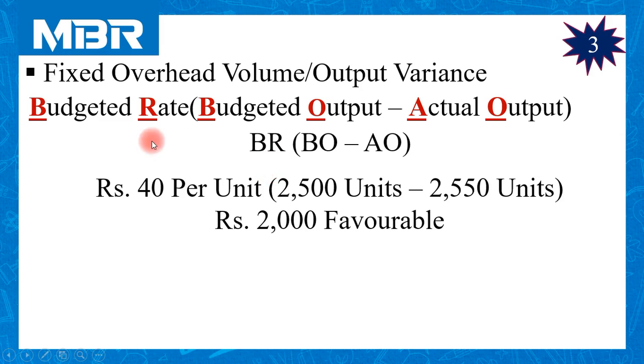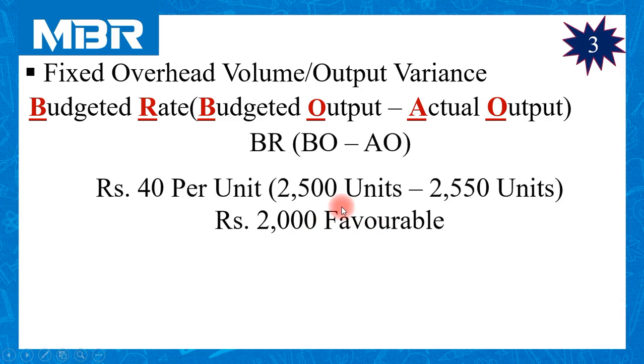Budgeted rate as per our calculation is rupees 40 per unit, that we have completed. 2500 units budgeted output, and actual output of the company is 2550 units.